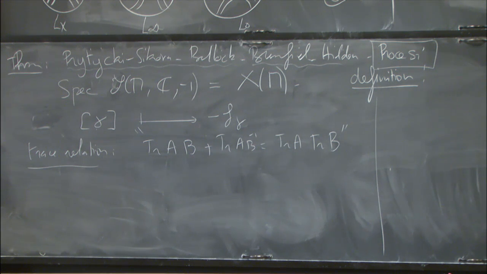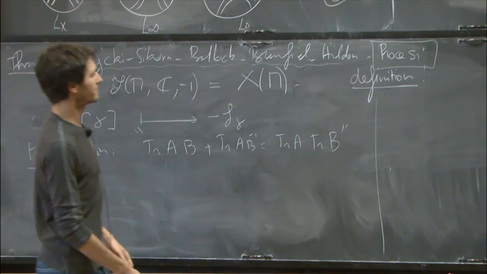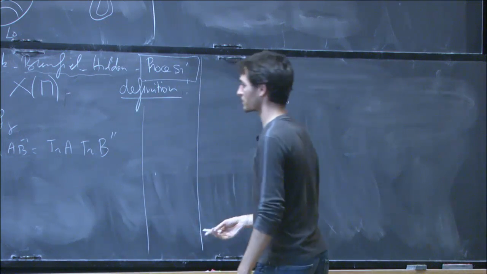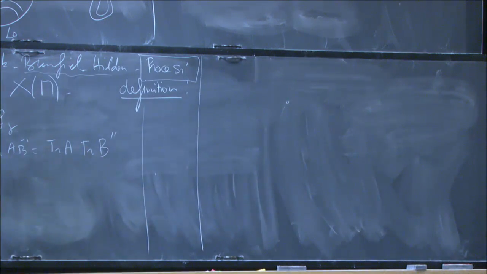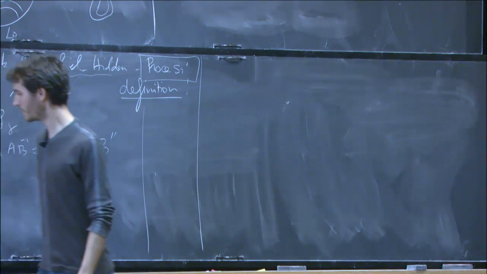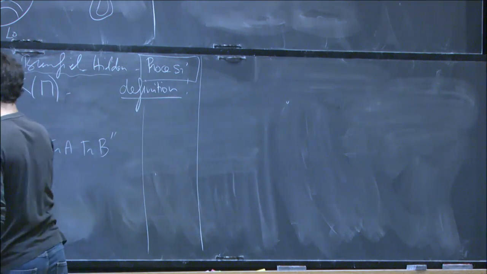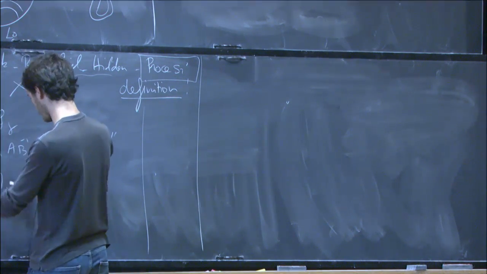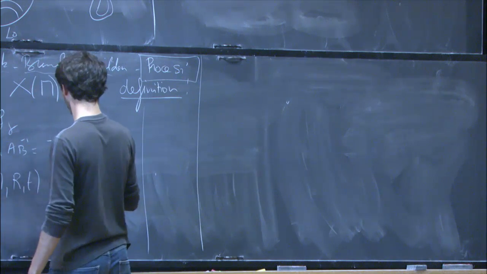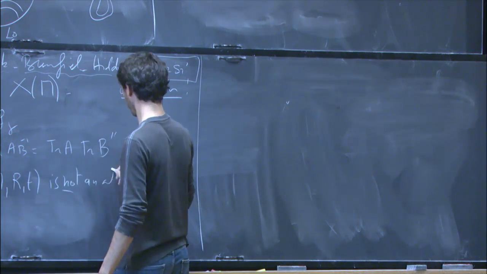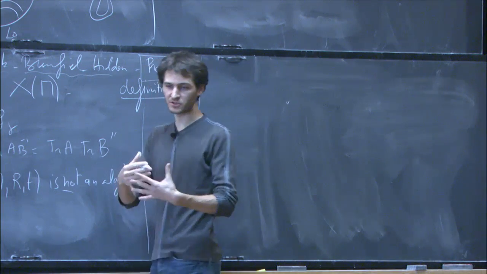Okay, I am very late. So let me say something more about examples. In general, for any R, the space S of M, R, T is not an algebra, because you cannot just take disjoint union.